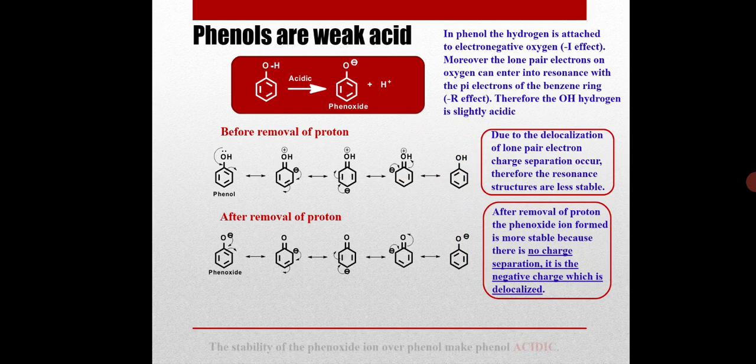The stability of the phenoxide ion over phenol makes phenol more acidic. The proton of phenol can be removed by strong bases like NaOH.